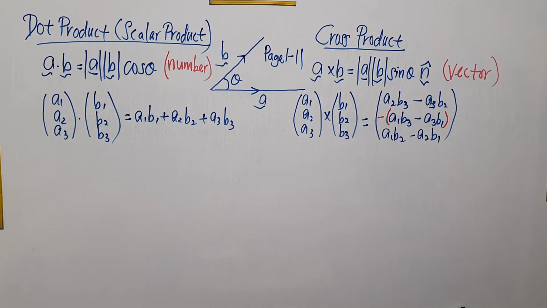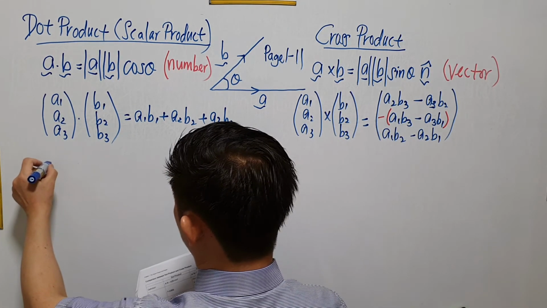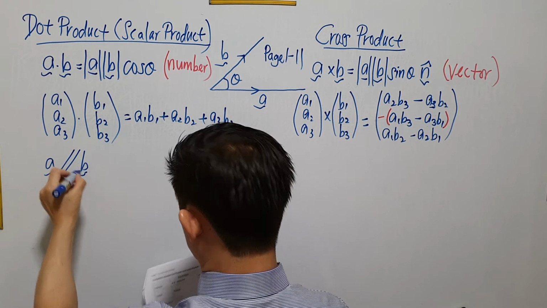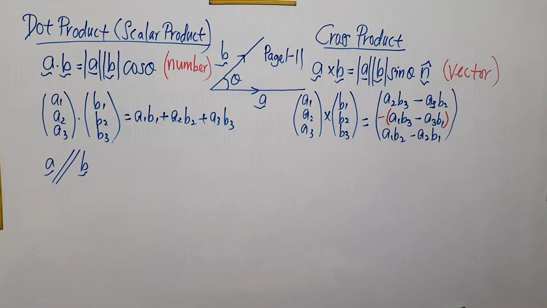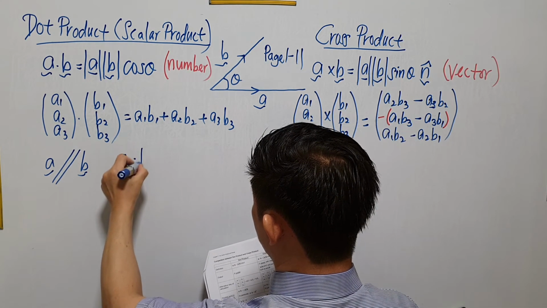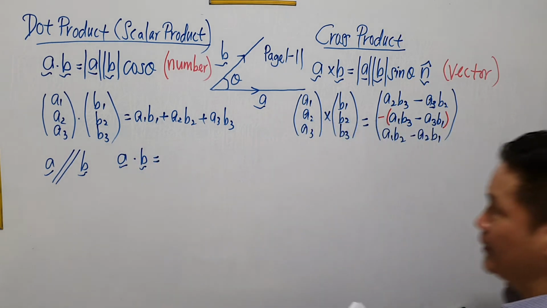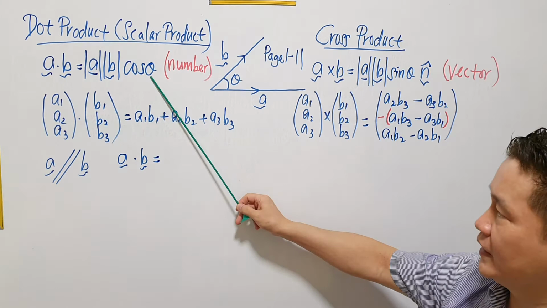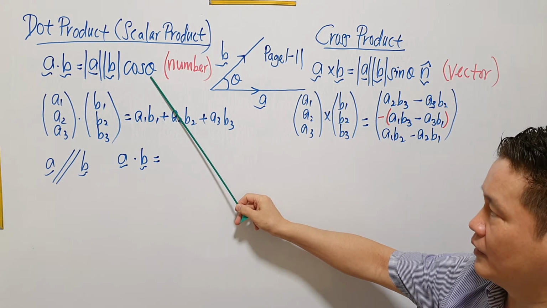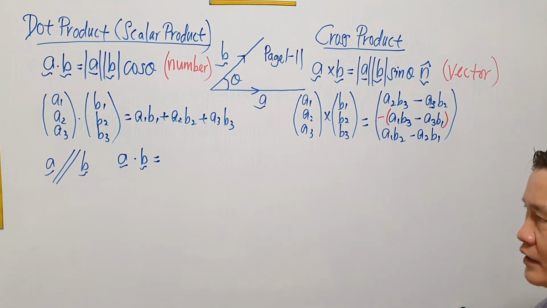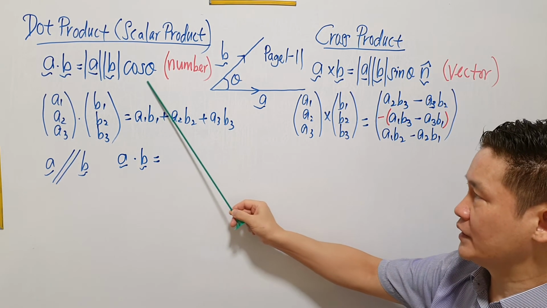And thirdly, if you have parallel vectors, if two vectors are parallel, then for A dot B, this angle is either 0 or 180 degrees. It's either 0 or pi. If it's 0, this number will be 1.